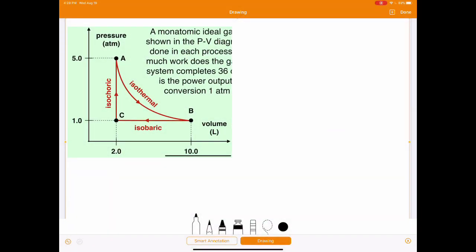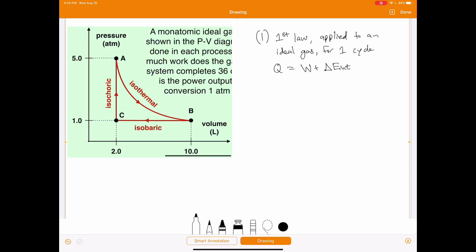Okay, so there are two ways to look at this. The first way is to use the first law of thermodynamics applied to an ideal gas. This is the equation we've been working with for quite some time, and we'll apply it for one whole cycle of this PV diagram. So Q is equal to W plus delta E internal.